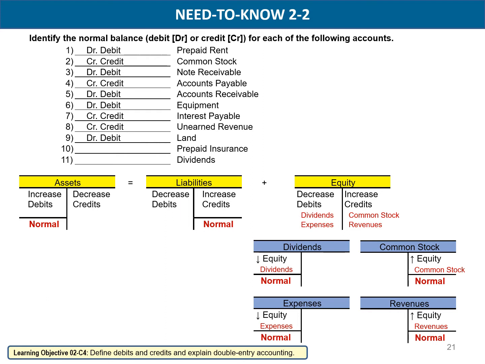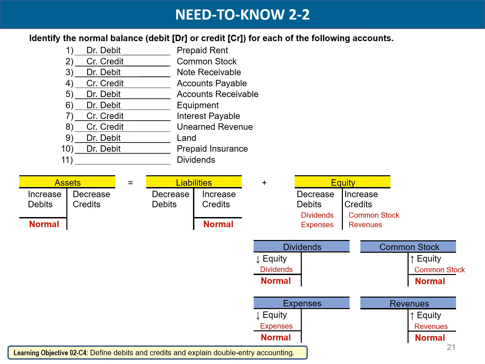Prepaid insurance, that's another one that has a key word, prepaid, right? Anytime you see the word prepaid, think asset, and assets have a normal balance of a debit. And then dividends. So dividends are part of your expanded accounting equation, but they work the opposite of equity, right?